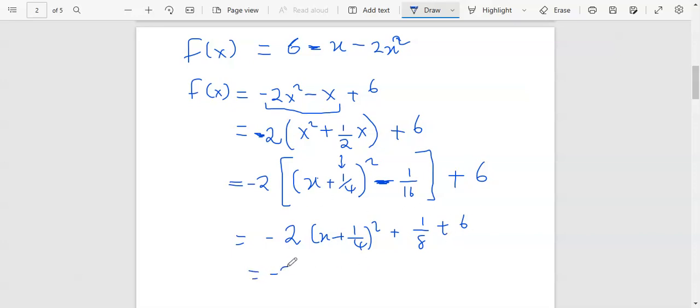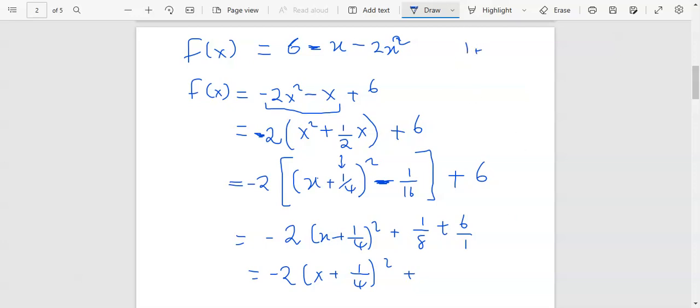So this is going to give us negative 2 in brackets, x plus 1 over 4 squared, and then you just add 1 over 8 plus 6. We know it's 6 over 1. So multiply 1 by 1, which is 1, plus 8 times 6.